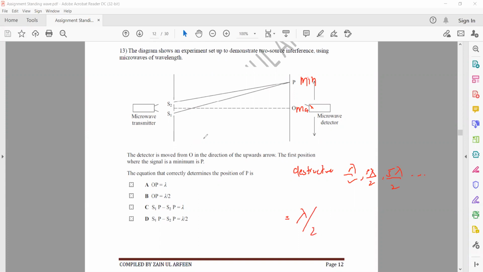But how to calculate the path difference? It is the distance moved from S1 to P, from the first source, and the distance moved from S2 to P. So when we take the difference S1P minus S2P, that will give us lambda by 2, as there is destructive interference, so D will be the right answer for this.